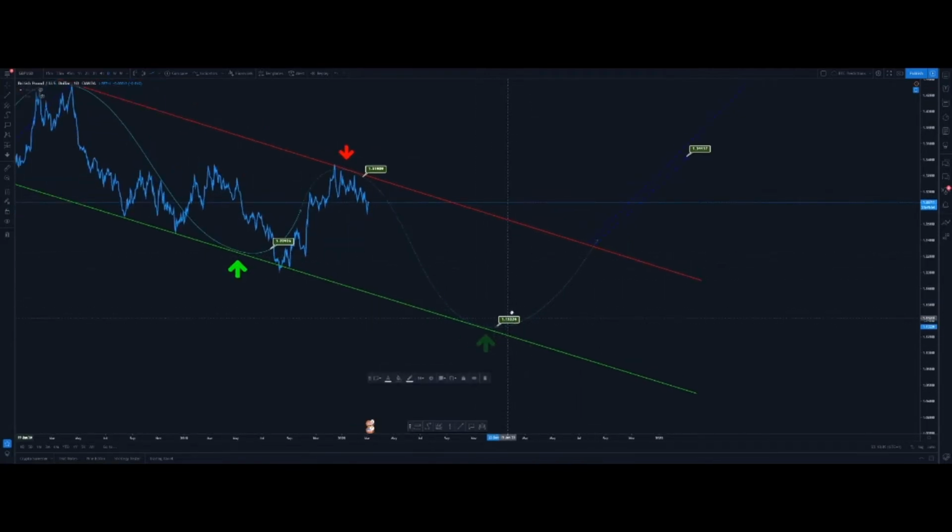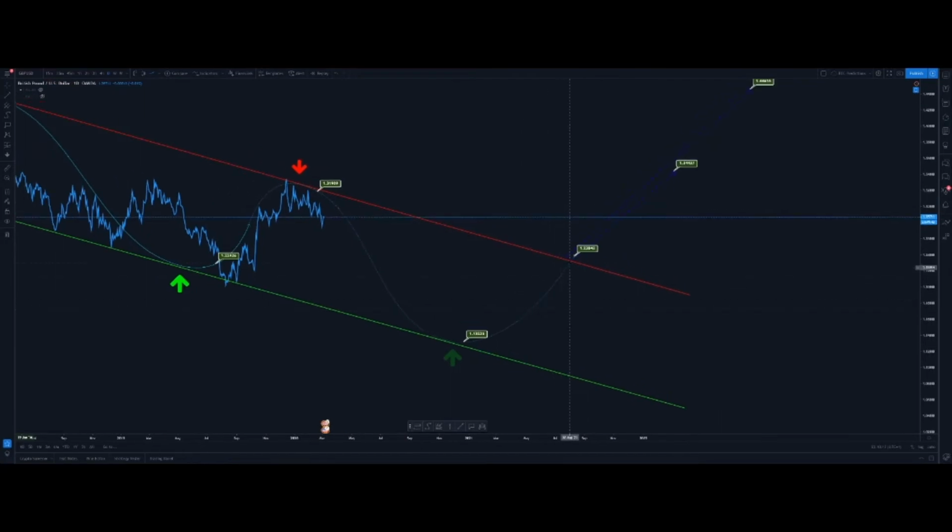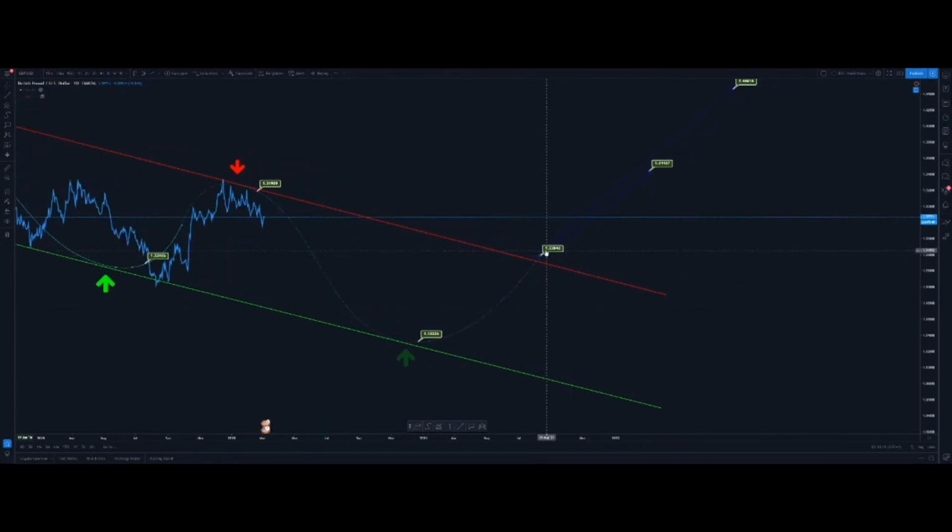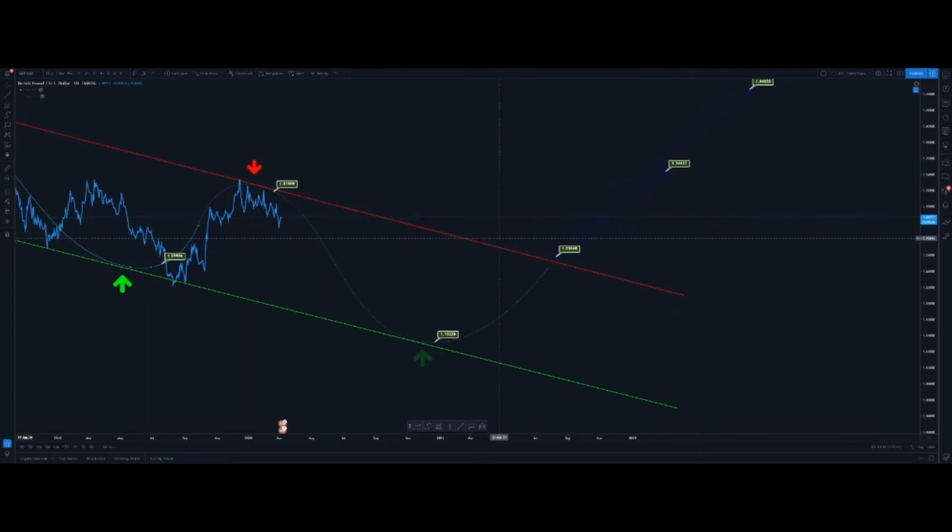Or this is even a safer spot. If you want to be sure this thing is going to break out, I would wait until a candle closes above this resistance line. If you have a significant candle closing above this resistance line, then the probability of this thing going even higher or breaking out actually is immensely high.